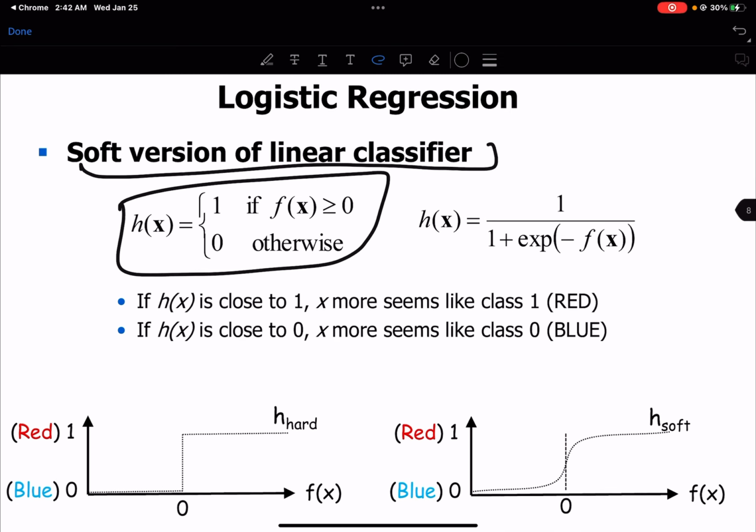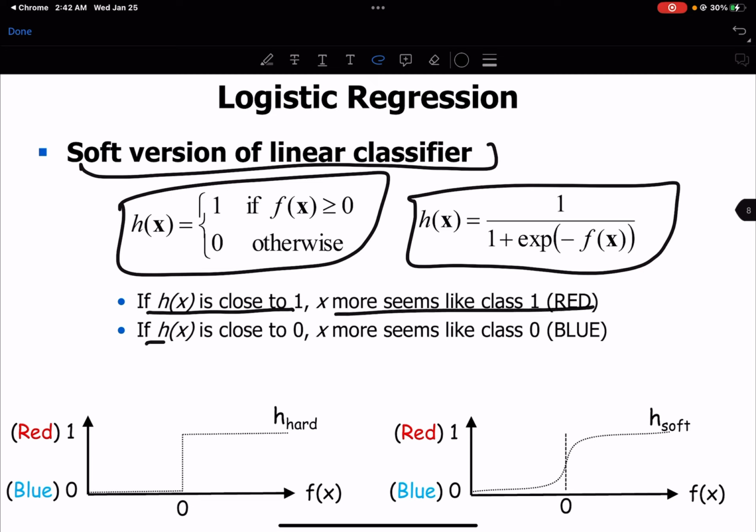So this was a hard classifier, either 1 or 0. And in the case of a softer classifier, we say a probabilistic 1 over 1 plus e to the minus f of x. If h of x is close to 1, x is more likely red. If close to 0, x is more likely belonging to class blue.